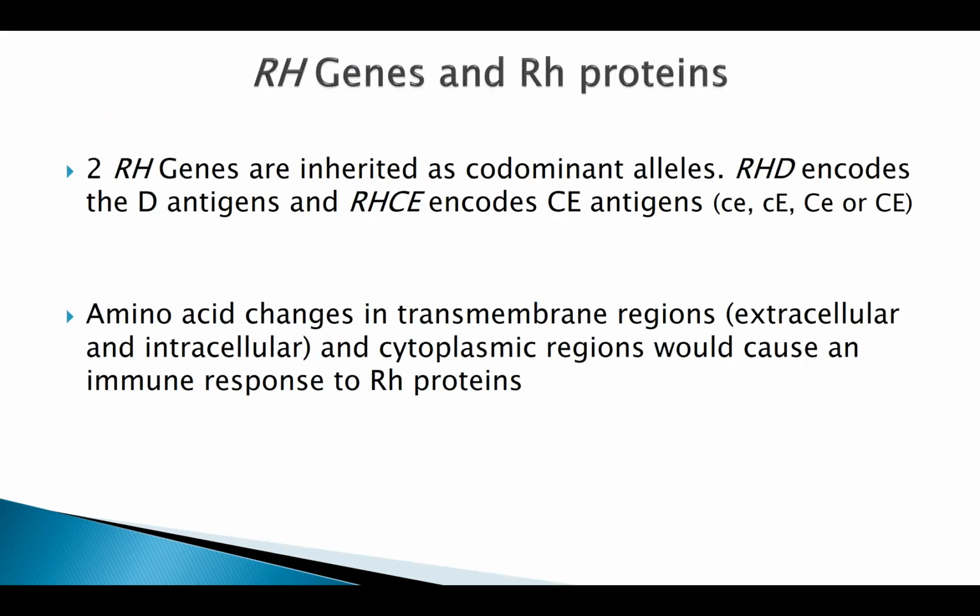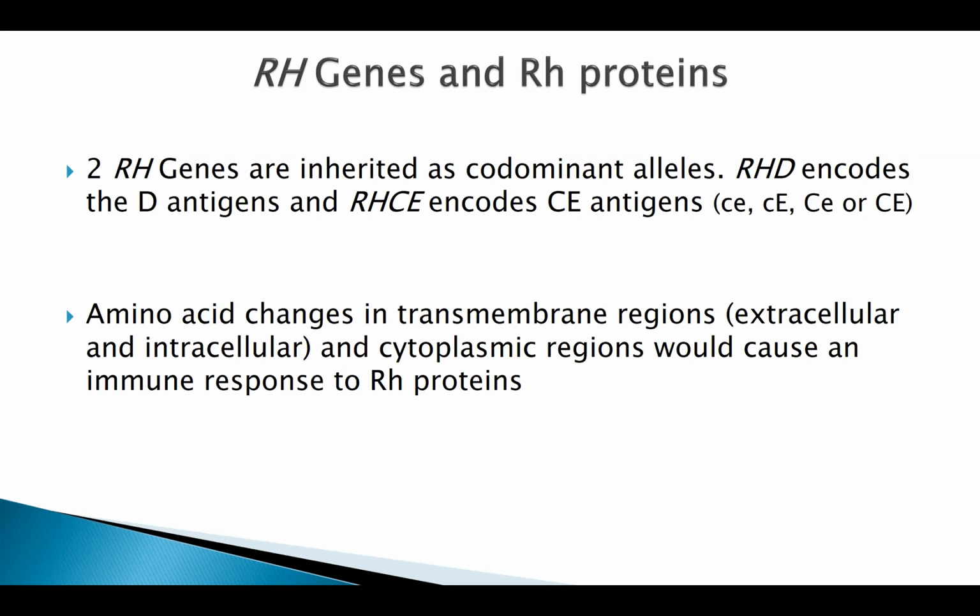Two Rh genes are inherited as codominant alleles. RHD encodes the D antigen, RHCE encodes the CE antigens and different other phenotypes. You can see here the figure, different variants of RHD and RHCE, available in the AABB Technical Manual.